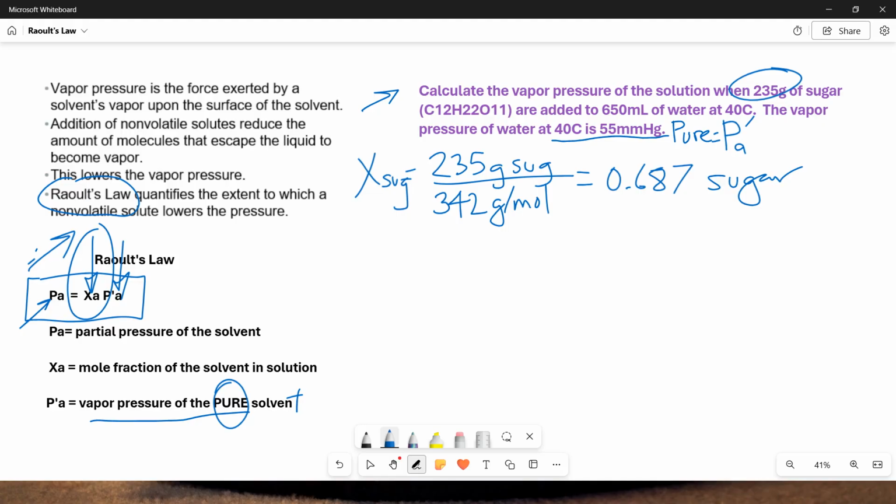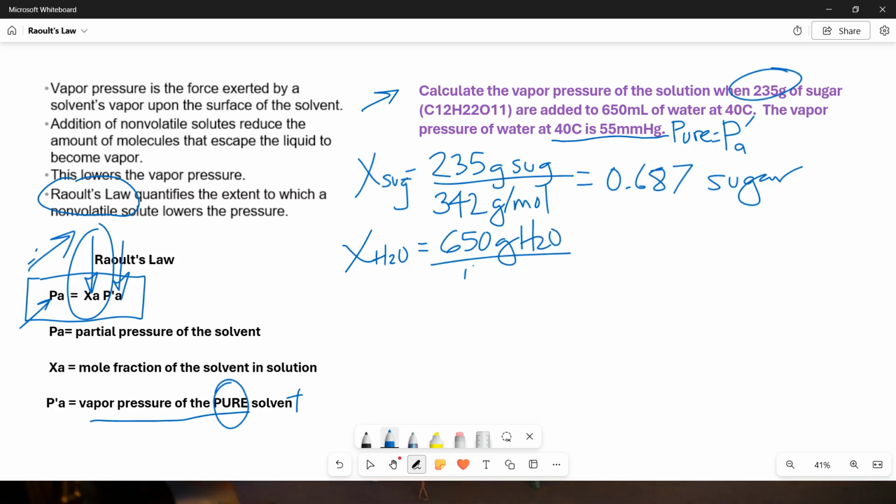Then I'm going to find the mole fraction of water, and water is going to be 650 grams that they gave us, divided by its molar mass off the table, which is 18 grams per mole. And that's going to come out to be 36.11 for water.